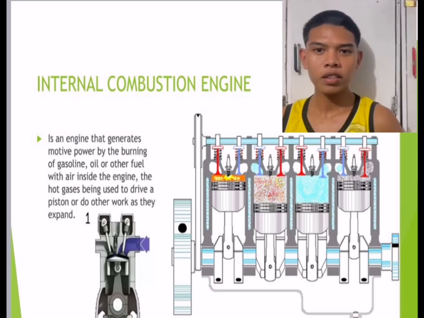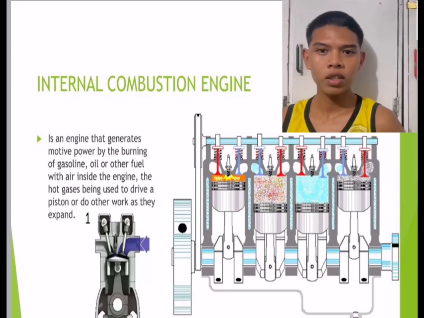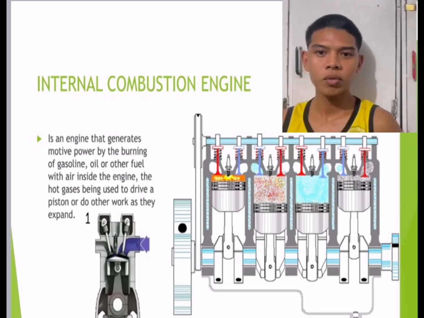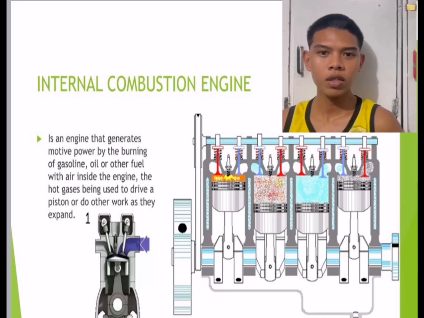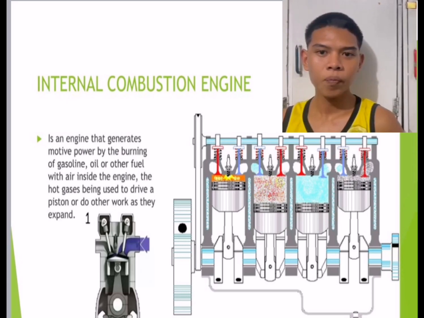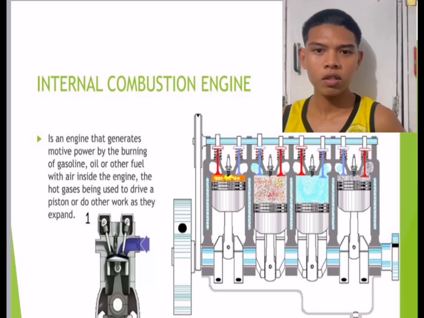A spark in a gasoline engine or heat from compression in a diesel engine ignites the mixture, causing an explosion. Next is the power stroke. The explosion forces the piston downward, creating mechanical energy. Lastly is exhaust. The piston pushes out the burned gases through the exhaust valve.